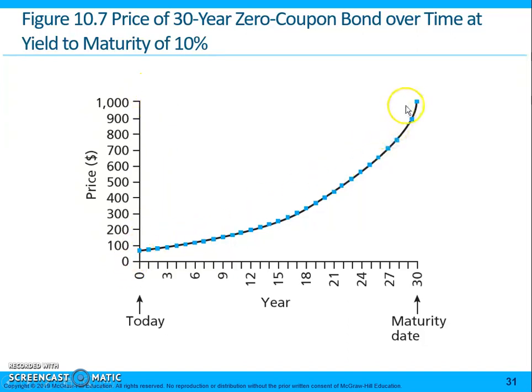Over time, it's going to increase to the face value of that security. As you can imagine, because there are no coupon payments, the volatility of a 30-year zero coupon bond is much greater than that of a 30-year coupon bond.